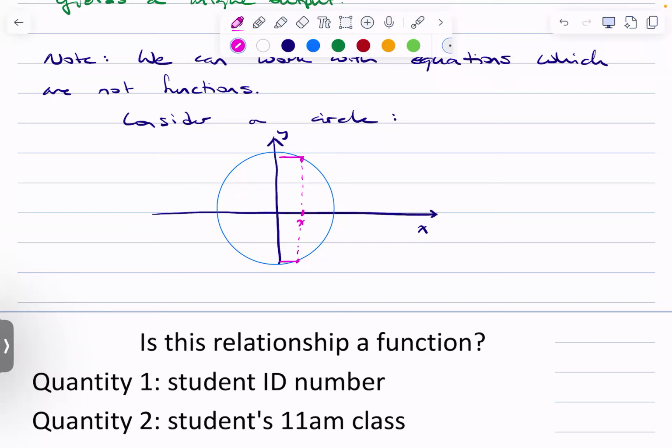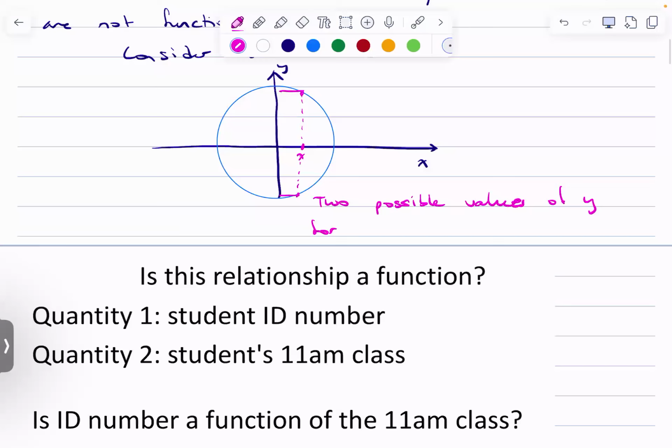It's not a function, but we can still work with them. Okay? And so functions are special cases. And so here, two possible values of y for one input of x.